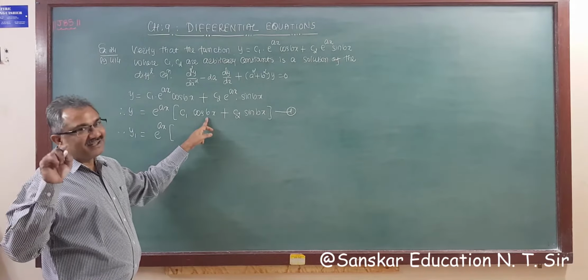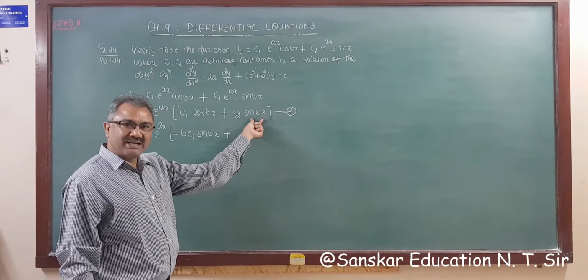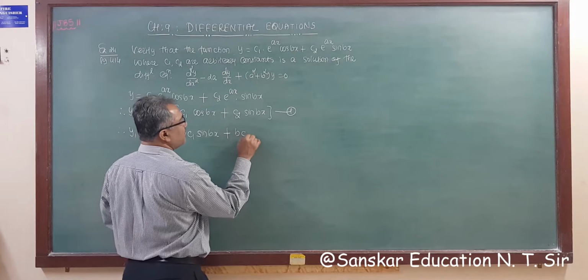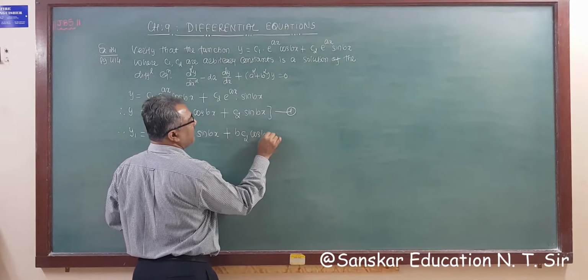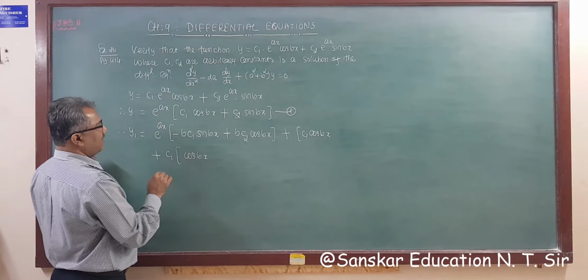So the answer will be minus b c1 sin bx, plus c2 sin bx, whose derivative is cos bx into b, so this is b c2 cos bx.